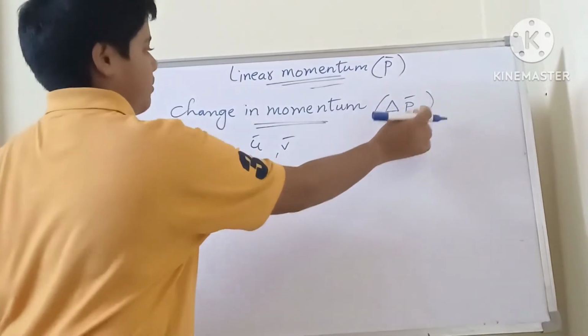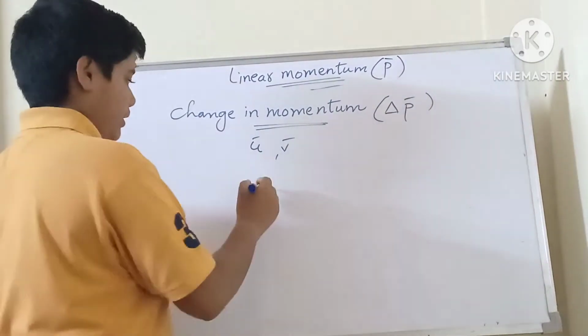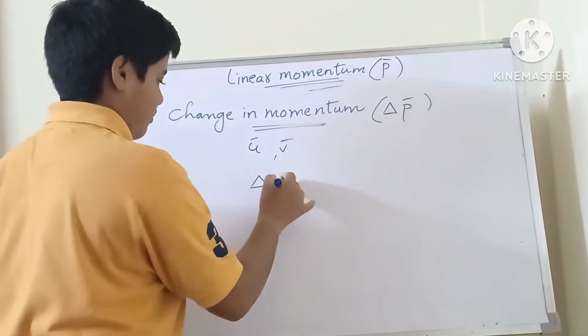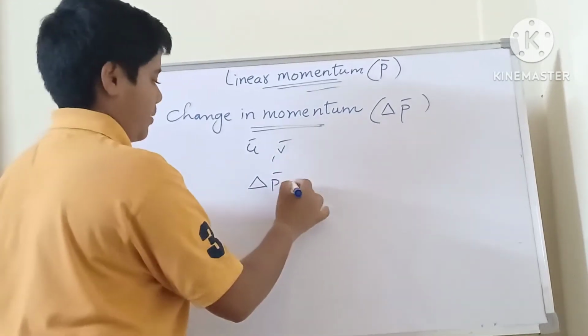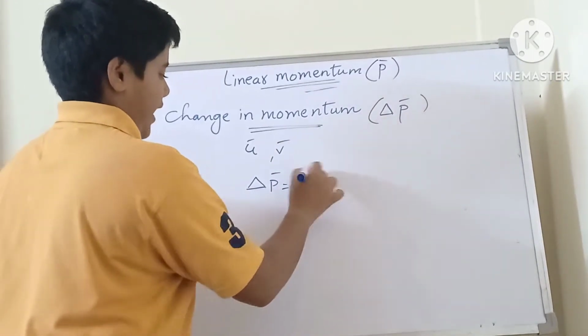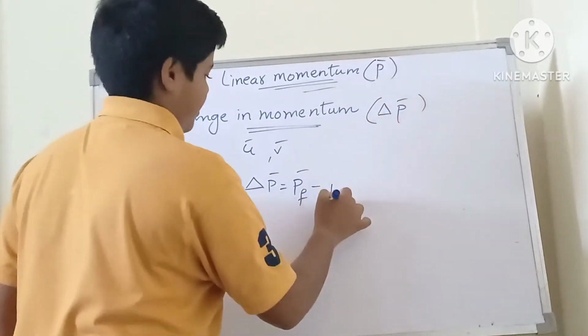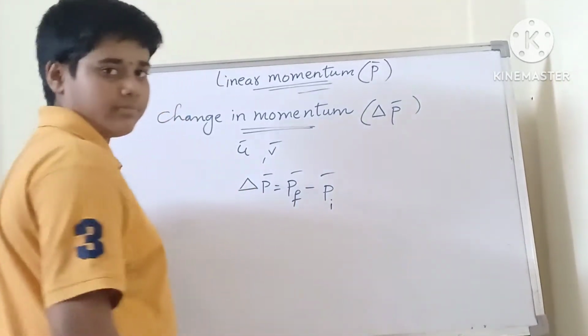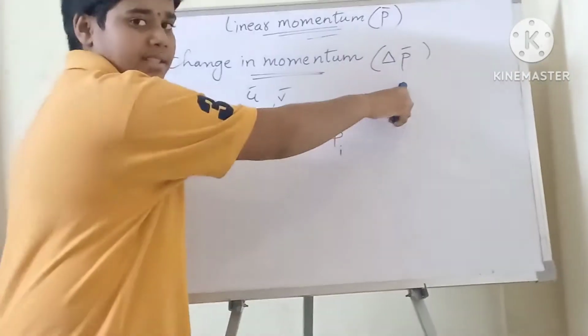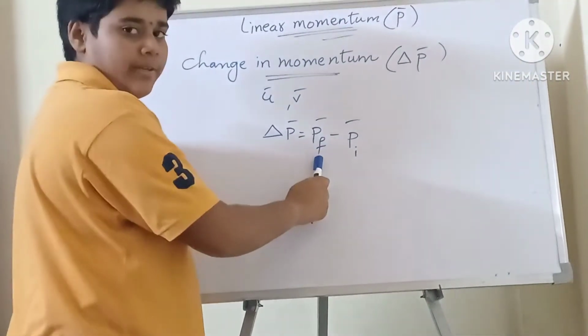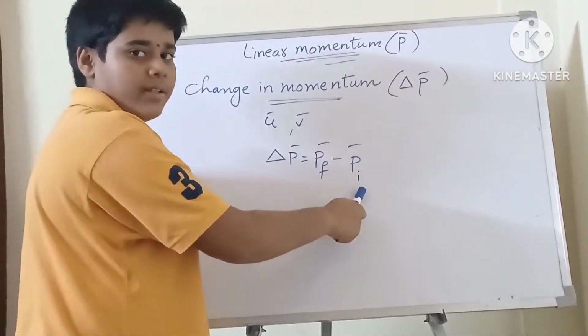Delta P bar represents final momentum minus initial momentum.